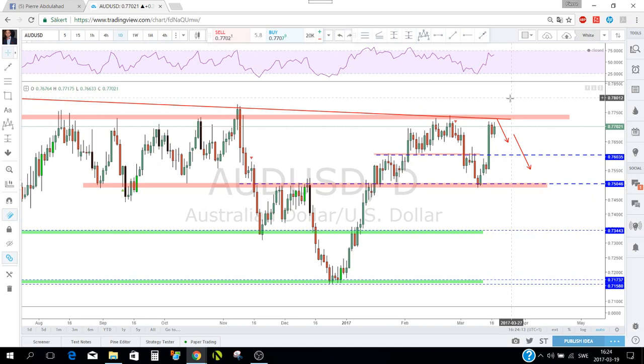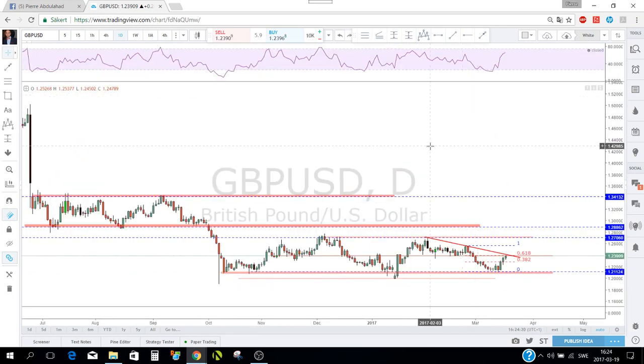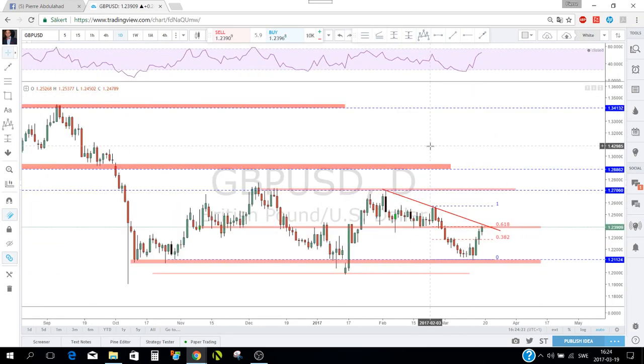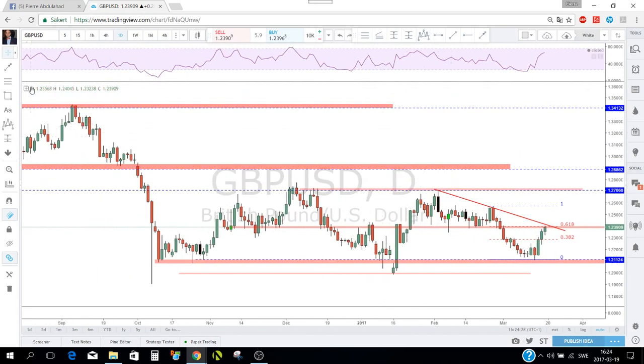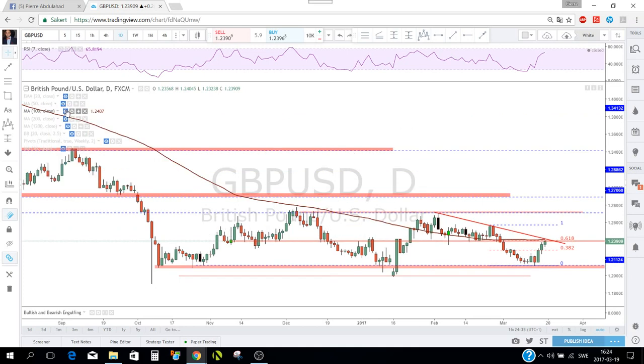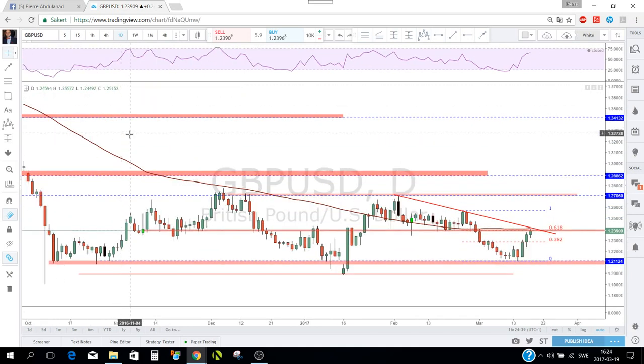That was it about Aussie USD. Let's look at some British pound pairs, and we are on the British pound US dollar right now, and I want to see where we are with this pair.